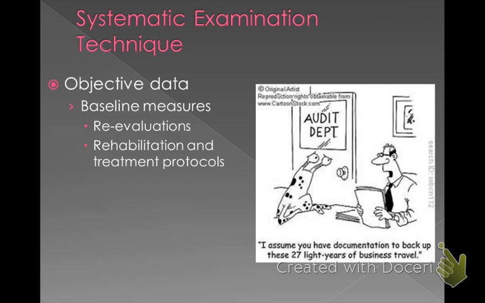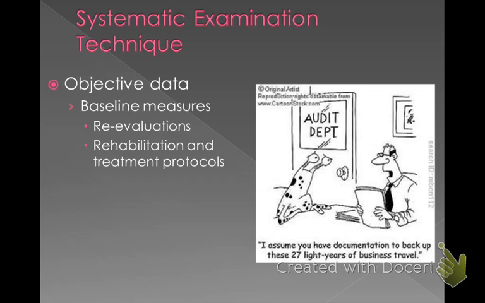So your baseline measurements are really key components to the evaluation technique, and you should be thorough when you're doing your objective data assessment and measurements. And so your baseline measures could include, but are not limited to, doing patient re-evaluation, so follow-up, so asking about their pain from a day-to-day basis, measuring their range of motion on a day-to-day basis, etc. Your objective data will include any rehabilitation and or treatment protocols that you might be doing with that patient.